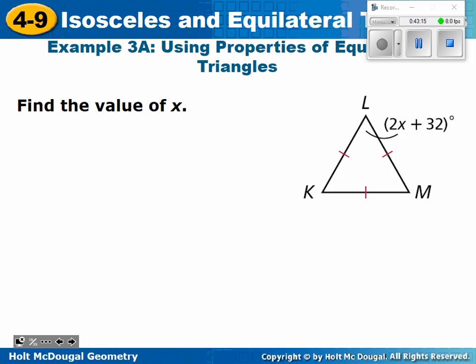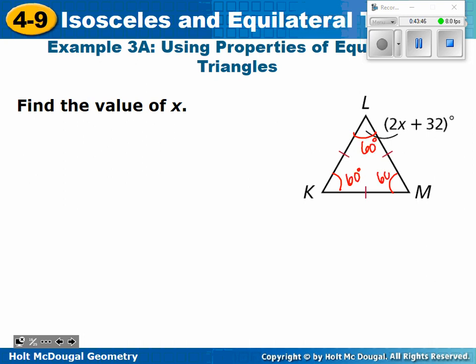Okay, so again, some examples. We're almost done. This section's really easy. So find the value of x. What kind of triangle do we have? Equilateral. All three sides are equal. We just learned by that theorem, equilateral triangle theorem, if all the sides are equal, what else is true? All the angles are 60 degrees. Yes, all the angles are going to be congruent, and more specifically, they're all going to be 60.